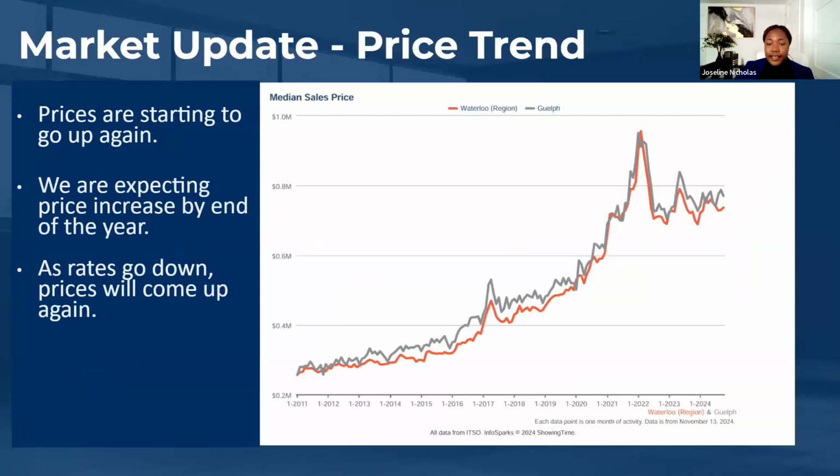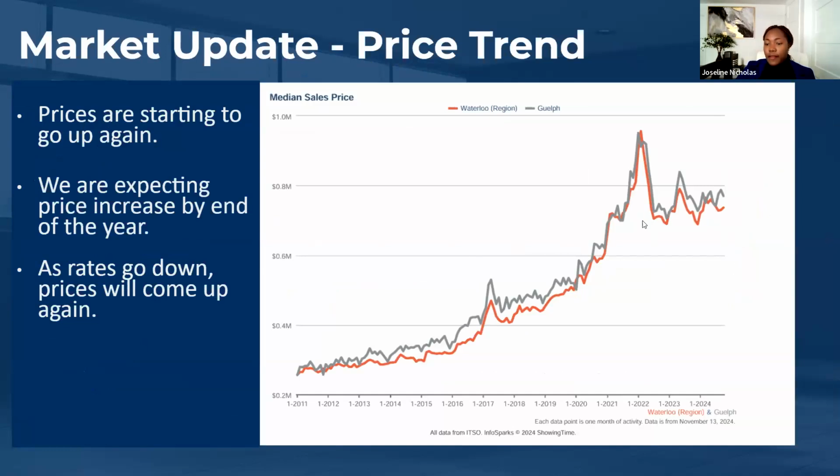Alrighty, so in terms of prices, as you can see, this is the price curve or trend since 2011. One thing that I like to mention is that real estate is a long game. What I mean by that is that the market will fluctuate over time, but the long-term trend is upwards. In the last 2 to 3 years, we've seen big fluctuations.